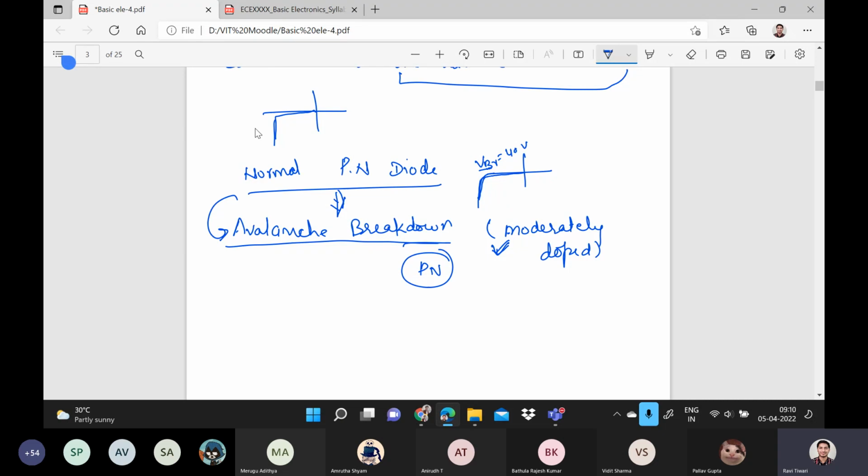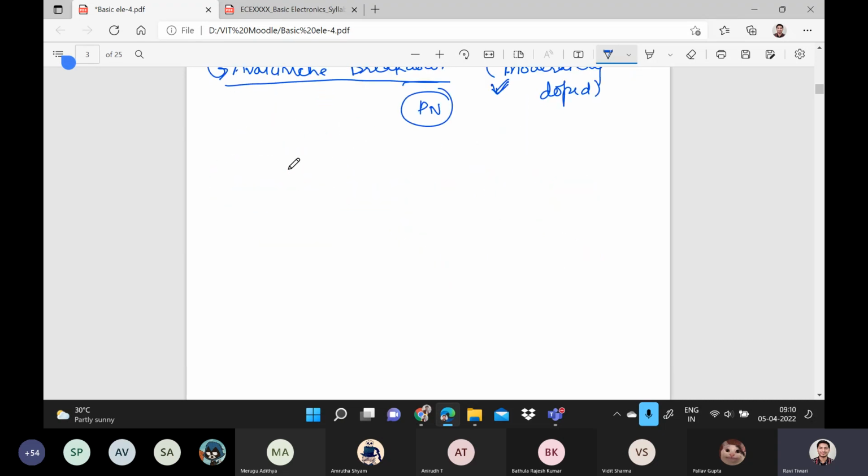Now we will see the procedure to solve the numericals, which is more important. The Zener diode is represented like this, like a Z. In a normal PN diode symbol, we use this Z here. So this is the representation of a Zener diode.